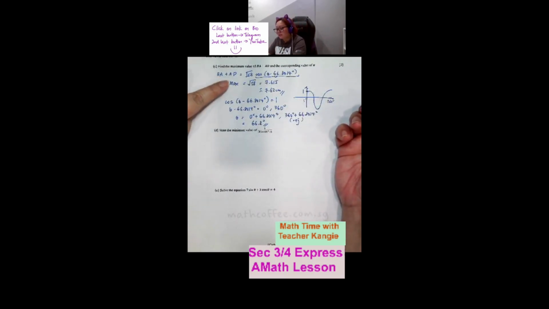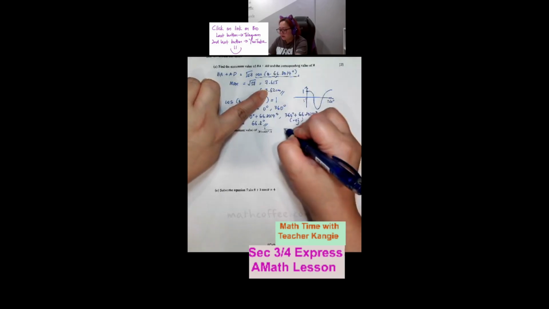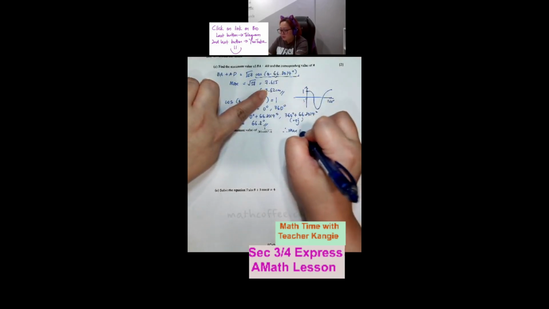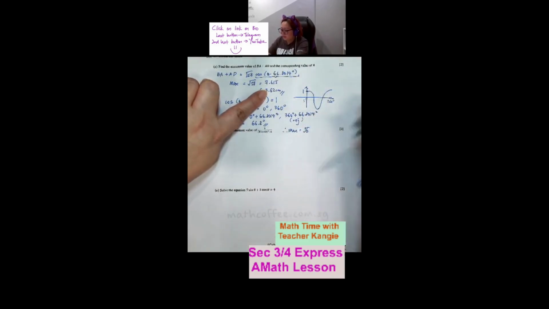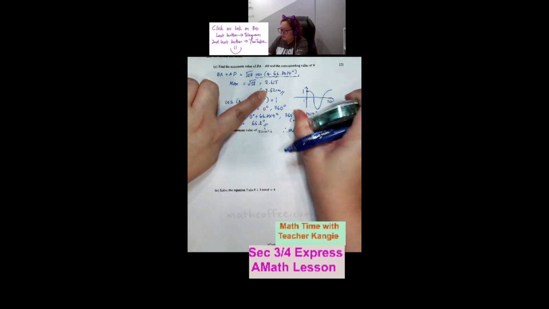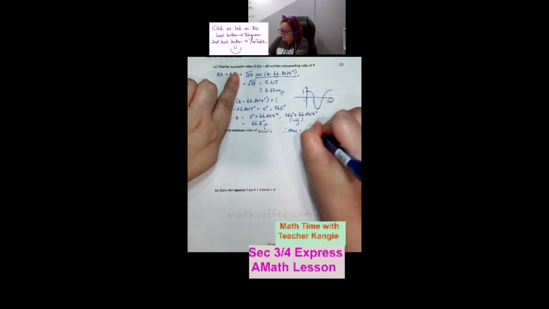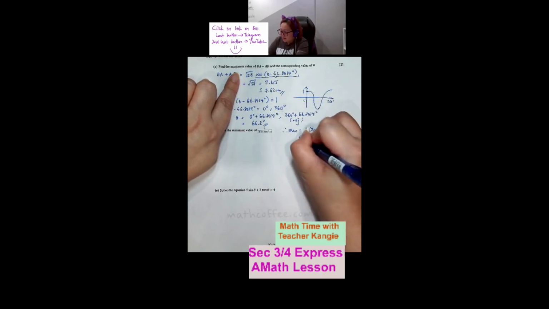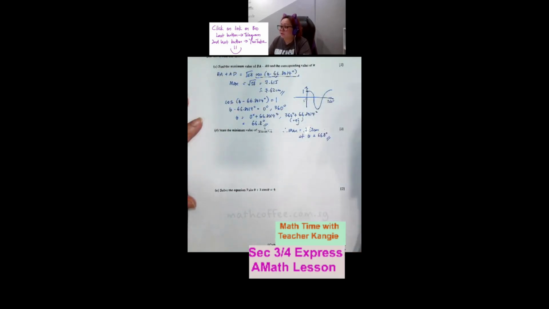So we will write, therefore, maximum equals square root 58, sorry, 7.62 cm at theta equals 66.8 degree. Done. So this is how you find the maximum or minimum.